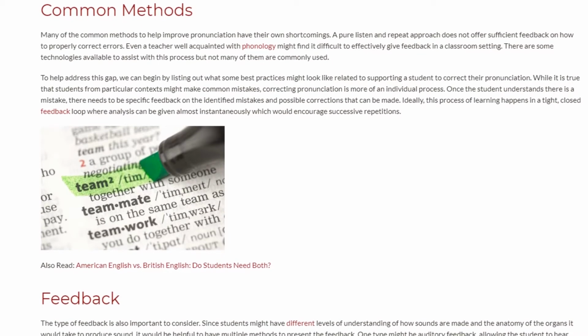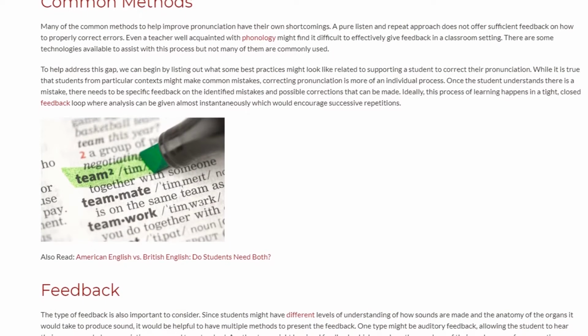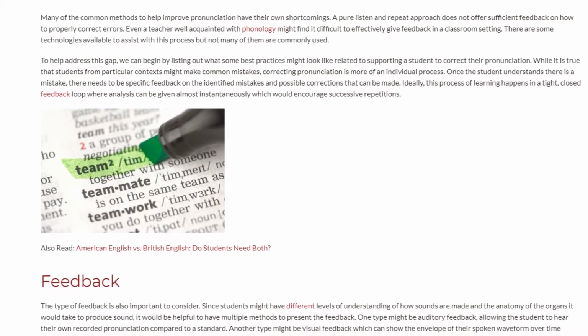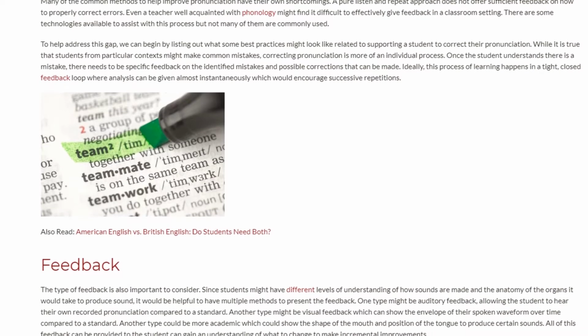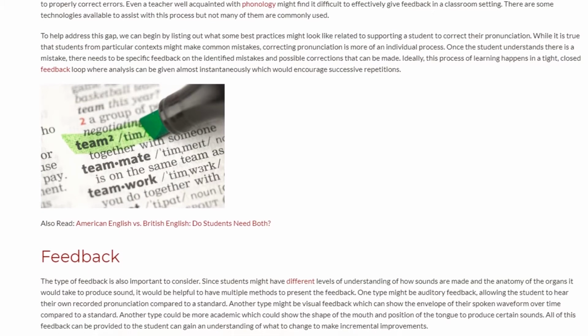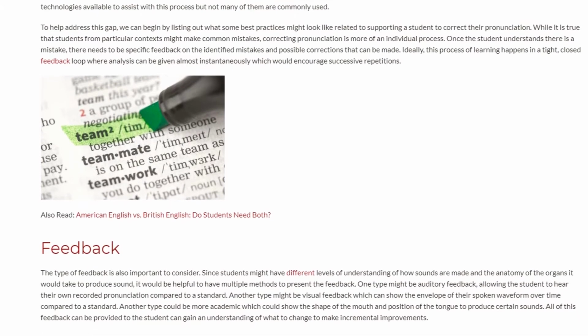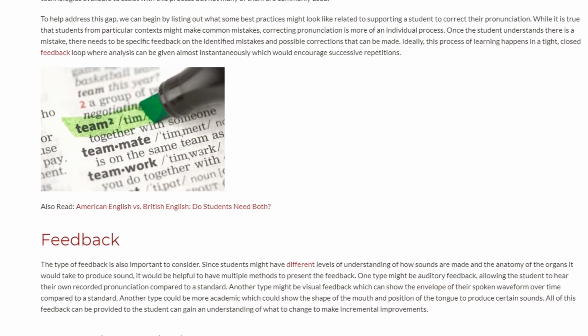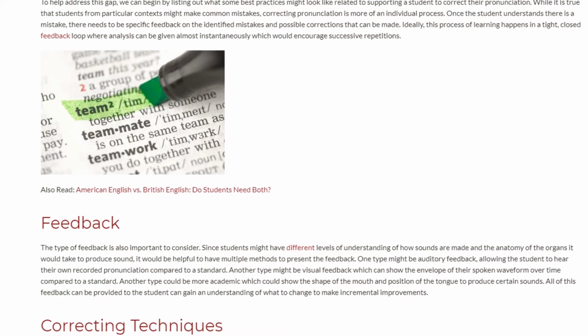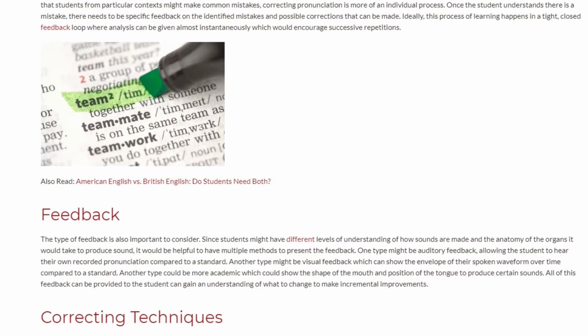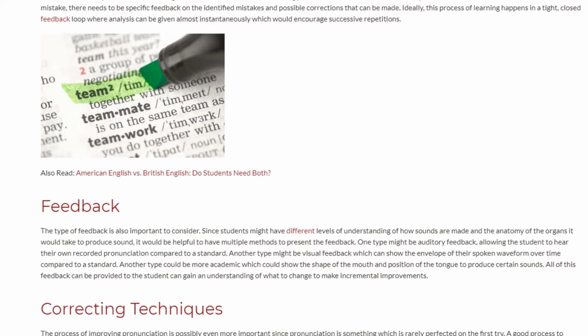Feedback. The type of feedback is also important to consider. Since students might have different levels of understanding of how sounds are made and the anatomy of the organs it would take to produce sound, it would be helpful to have multiple methods to present the feedback. One type might be auditory feedback, allowing the student to hear their own recorded pronunciation compared to a standard.